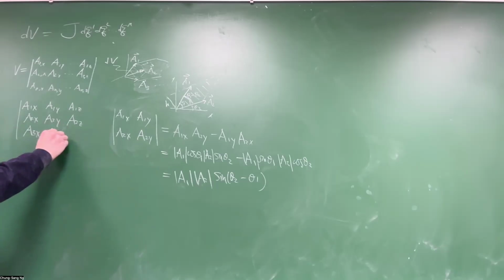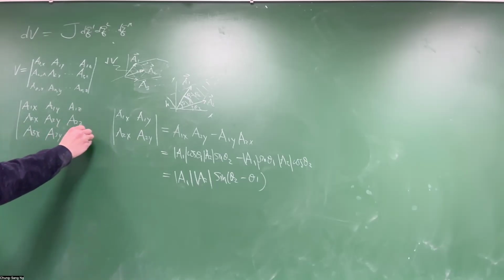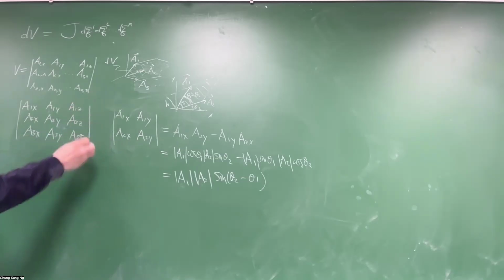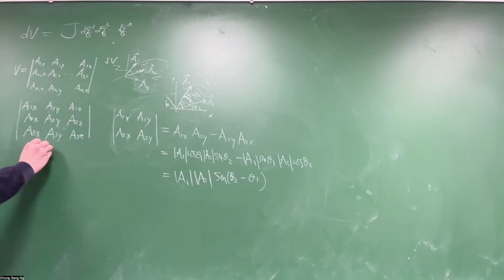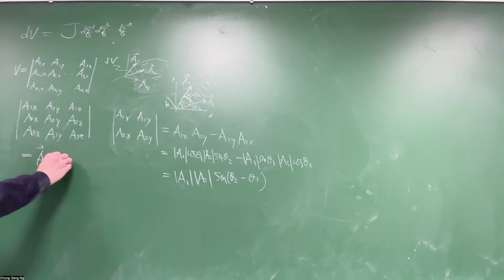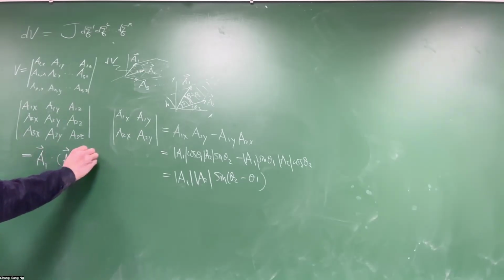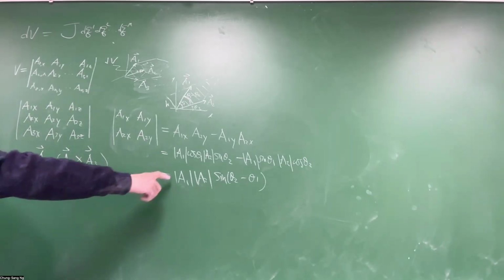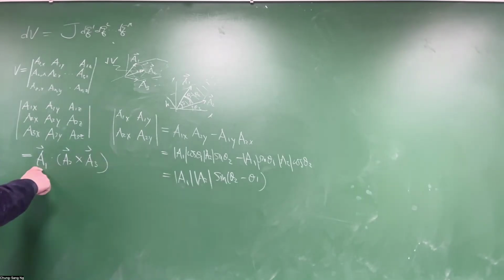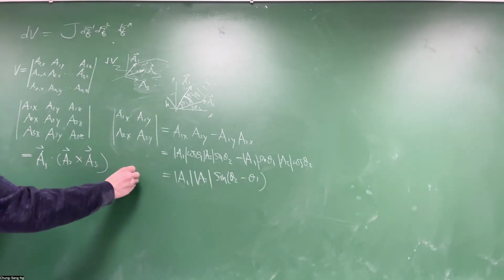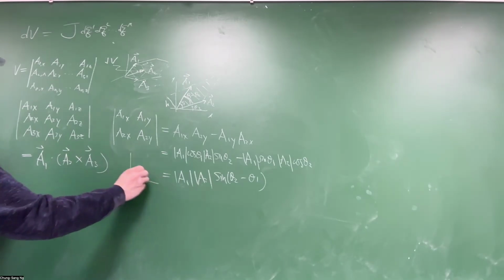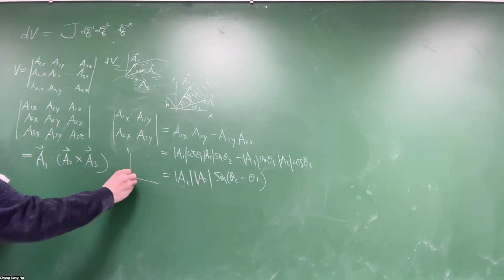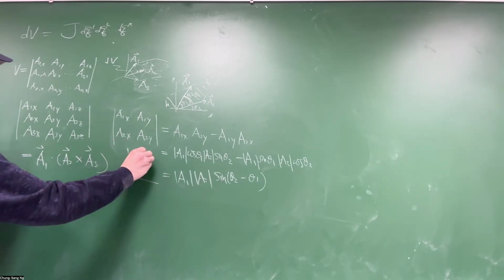We actually talked about that before when we discussed the Levi-Civita symbol, and we claimed that this is just a one dot and three. And we already know that this is basically the cross product. So now it's three dimensions here, so this is 1, 2, and 3, right? You have A1 and A.